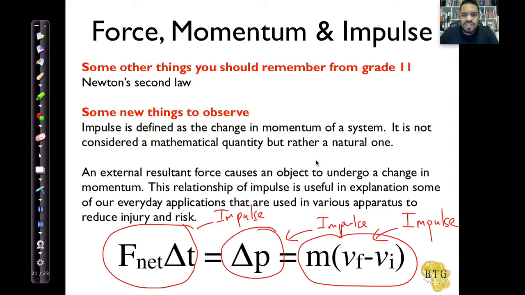So there's two things about it. One is that it's not a mathematical quantity, but rather it's a natural one. And then secondly, relating Newton's second law to what we've just learned about the definition of impulse, we will find that if there is a net resultant force, an object will undergo a change in momentum.